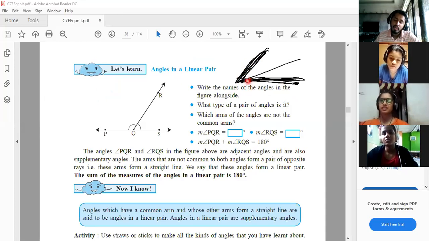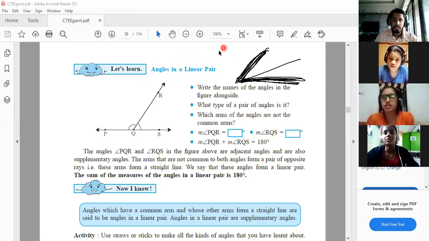No. Correct, Avni. Why no? Because this is an acute angle. 180 is what? Flat. So an angle which is flat, and two angles are making that flat angle, only those angles are called angles forming a linear pair.